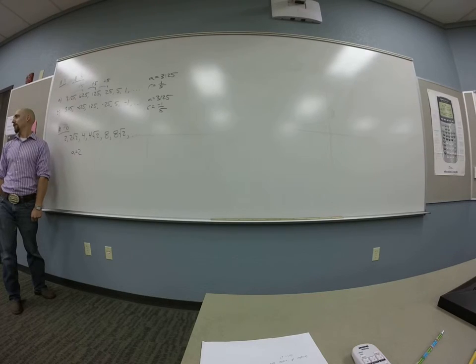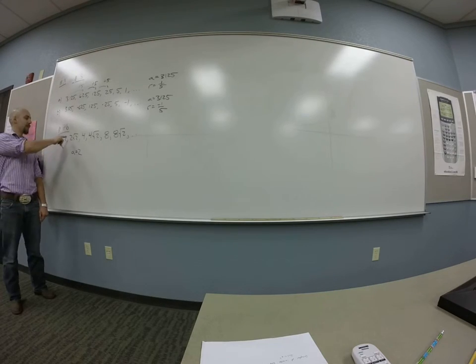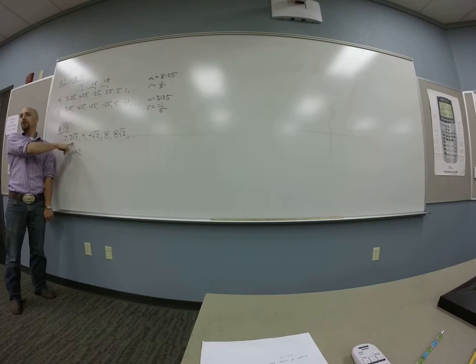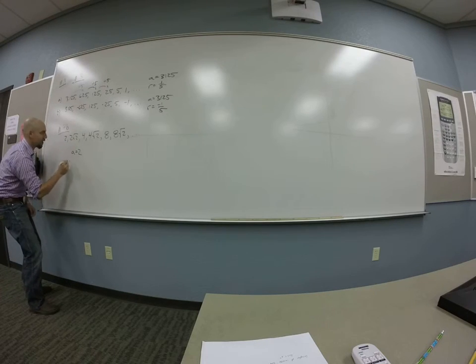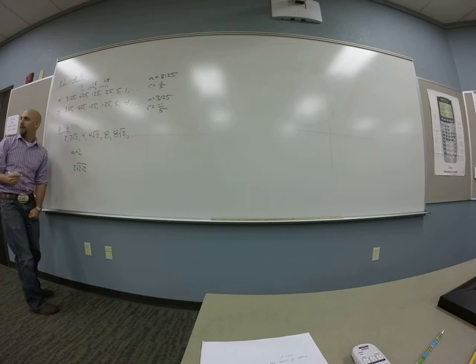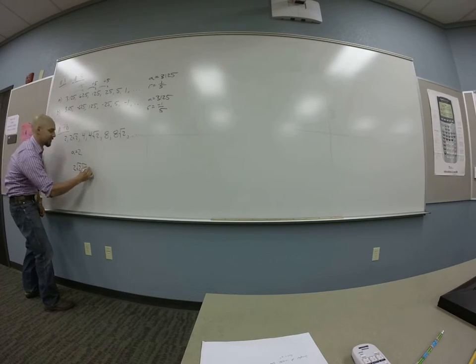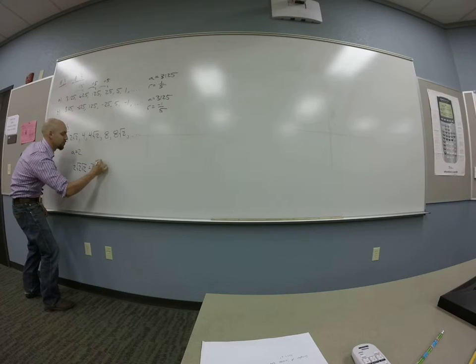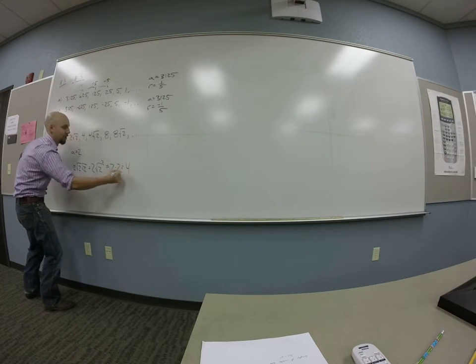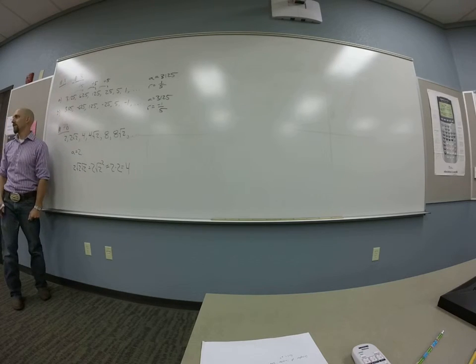If I multiply by the square root of 2, I get to 2 root 2. If I multiply that by the square root of 2, I get to 2 root 2 root 2, which is 2 times 2, right? And then this is 2 root 2 squared. So that's 2 times 2, that's 4. You see that?